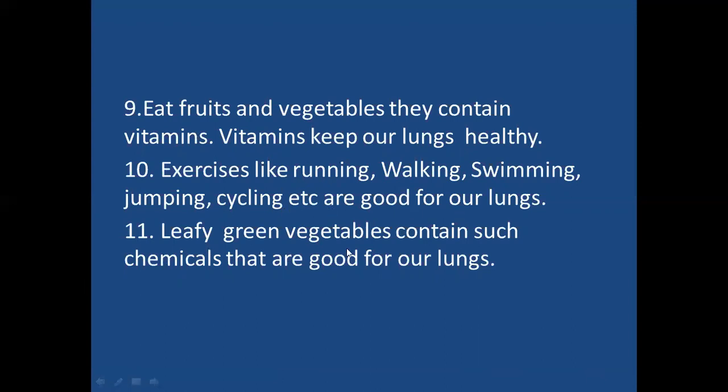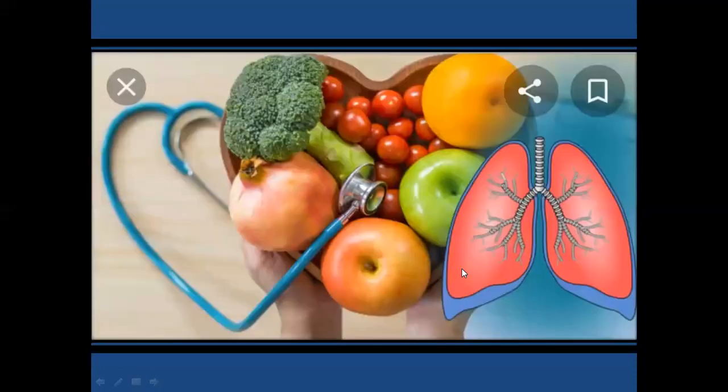Leafy green vegetables contain such chemicals that are good for our lungs. So take green vegetables. You can see green apple, oranges, pomegranate, broccoli and cherries. These are good for lungs.